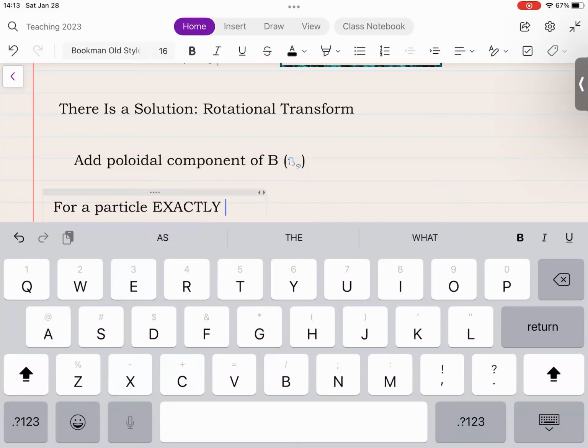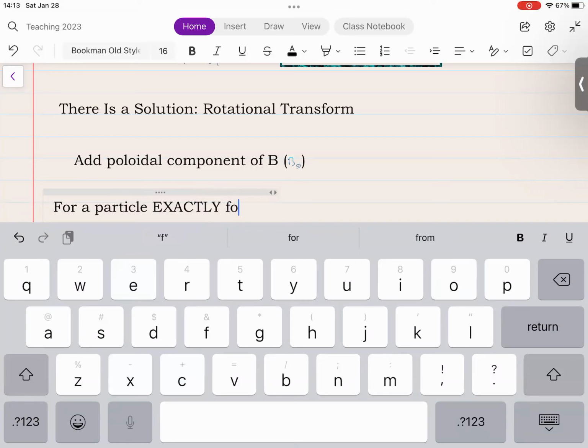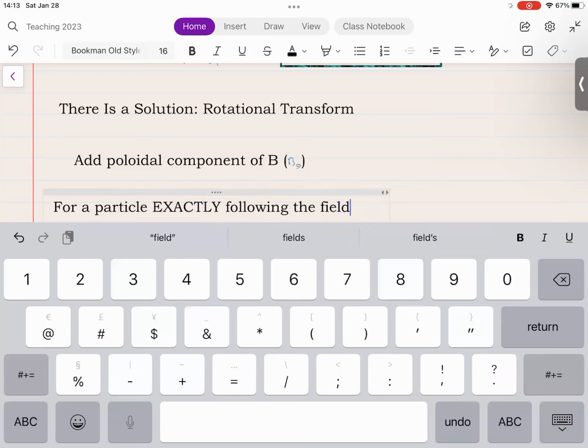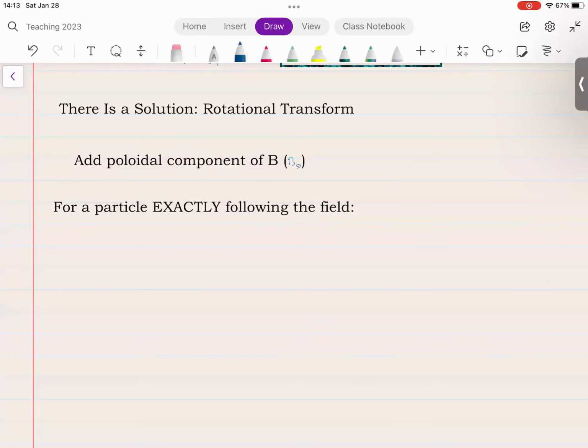This is the direction of the field. And the equation of motion is going to be r d theta dt is going to be equal to B theta over B toroidal.